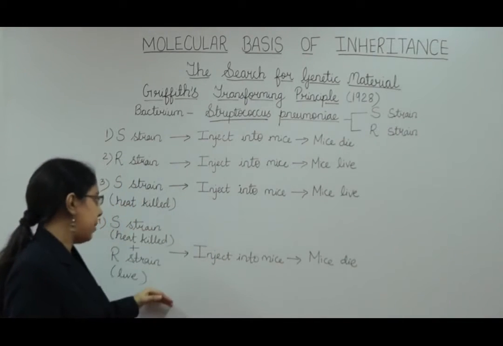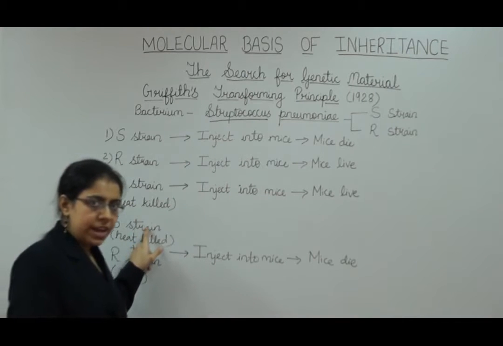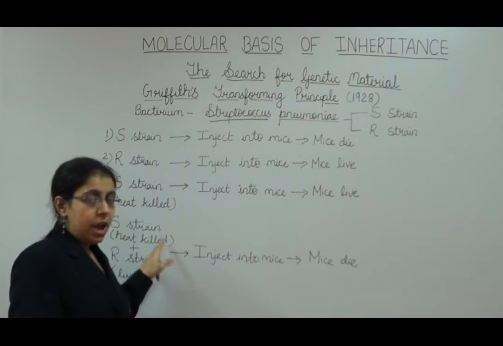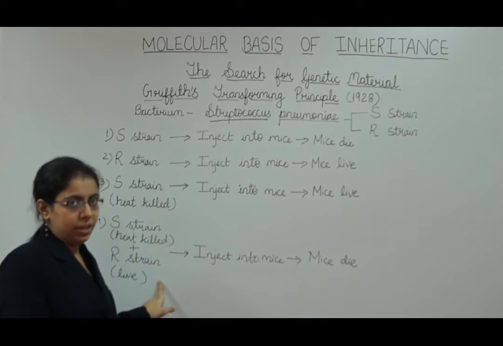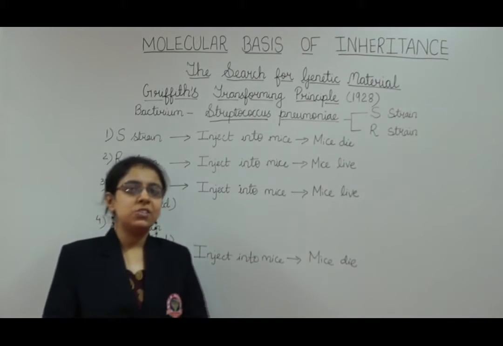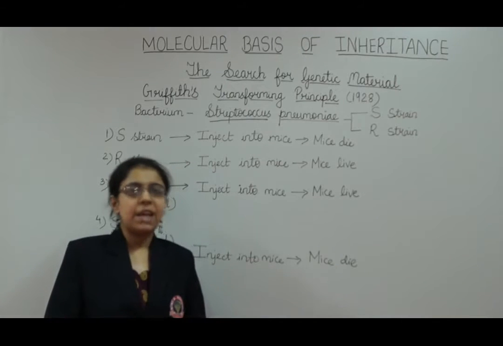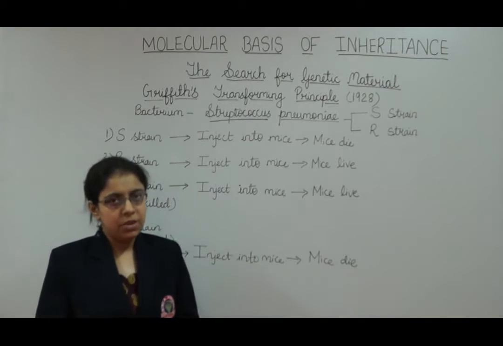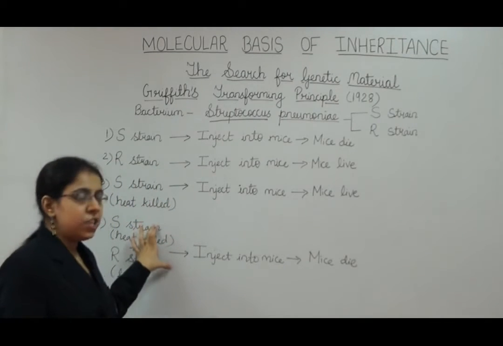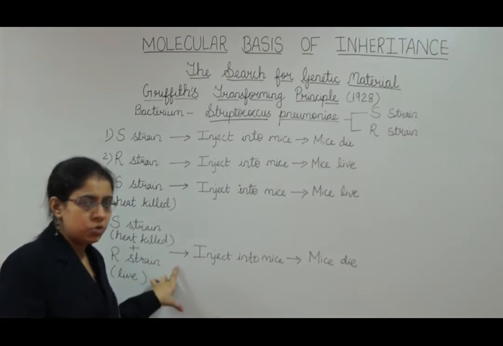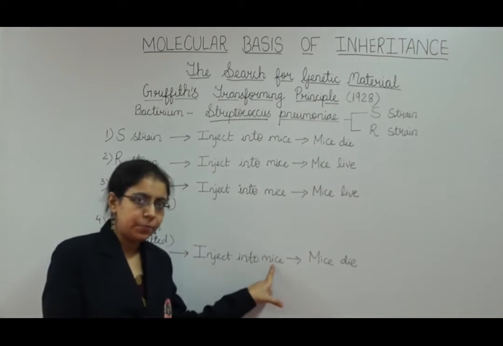In the further step, he took the S strain heat killed bacteria along with the rough strain, that is R strain, living bacteria. Remember, here the S strain is dead whereas the R strain is alive. He mixed both the strains and this time he injected the mixture of the two strains into mice.